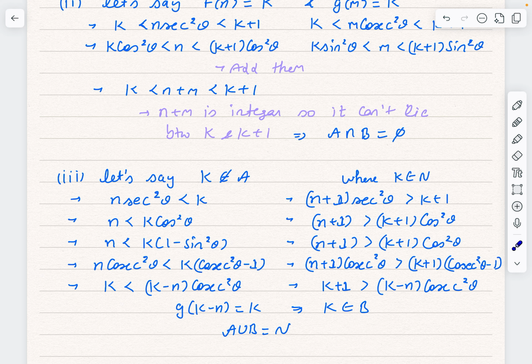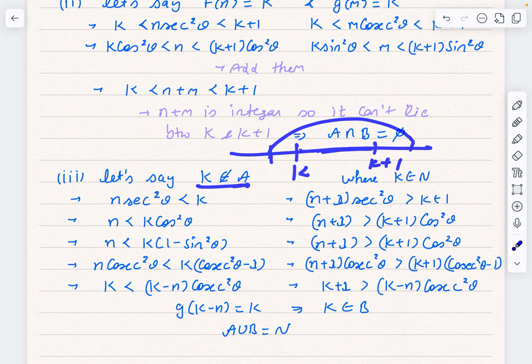So basically the function for a value will be less than k and the next value will be more than k plus 1, so that the step will never be k, or you can say no value is between k and k plus 1. It kind of jumps. So some value is before k, and the next value is more than k plus 1. So nothing is between k and k plus 1. So k is not in the range of f.